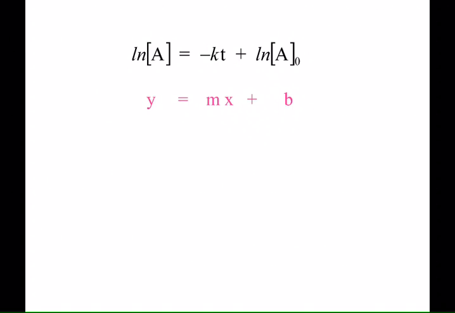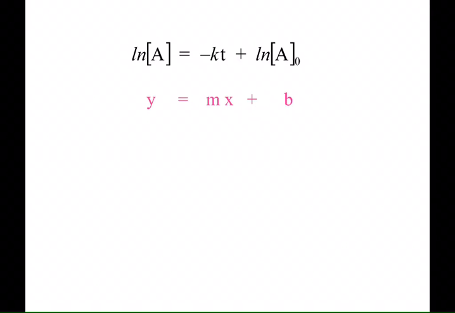If we put y is equal to mx plus b, then we have our next plot, and it looks like this. Along the y-axis now is going to be the natural log of A, and along the x-axis it's going to be time again. And we should again have a negative slope, and the slope of the line will be equal to negative k.